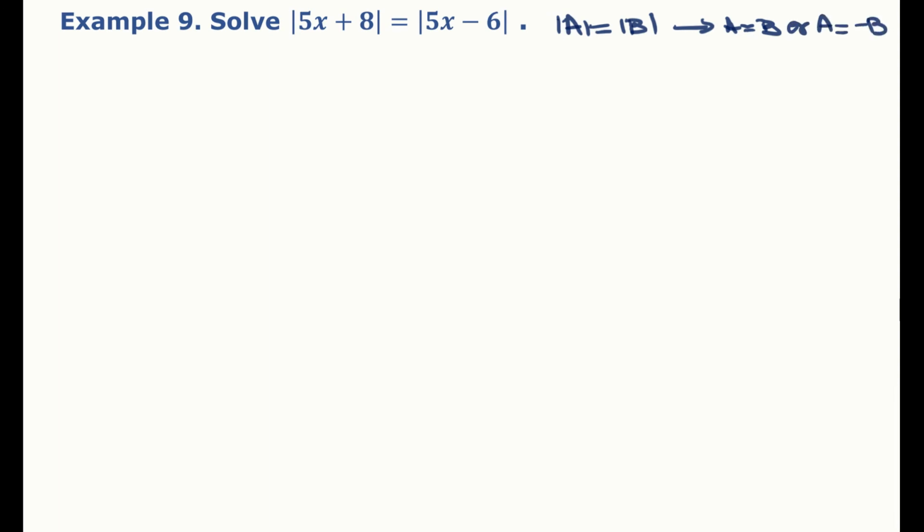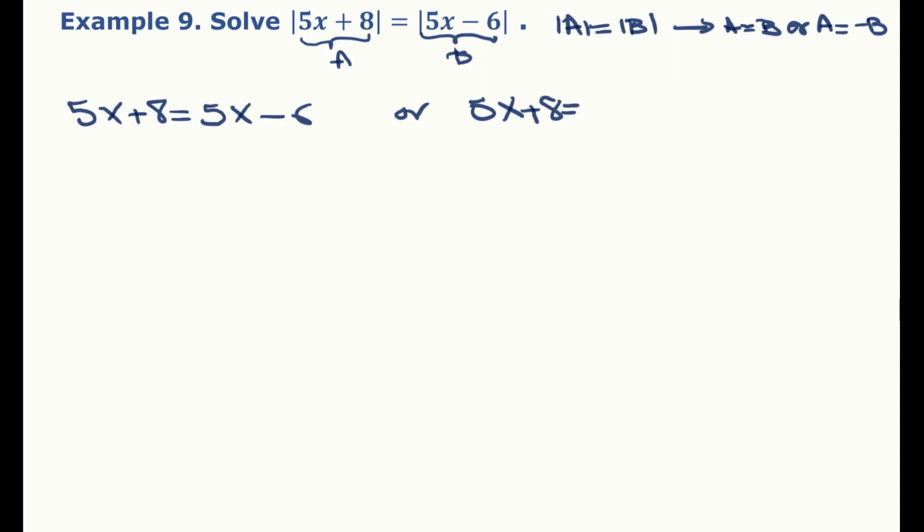So here, if we allow 5x plus 8 to play the role of a and 5x minus 6 to play the role of b, applying this rule, we end up with either 5x plus 8 equals 5x minus 6, or 5x plus 8 equals the opposite of 5x minus 6. Remember that a is being played by 5x plus 8 and b is being played by 5x minus 6. So we get these two simple equations that we need to solve.